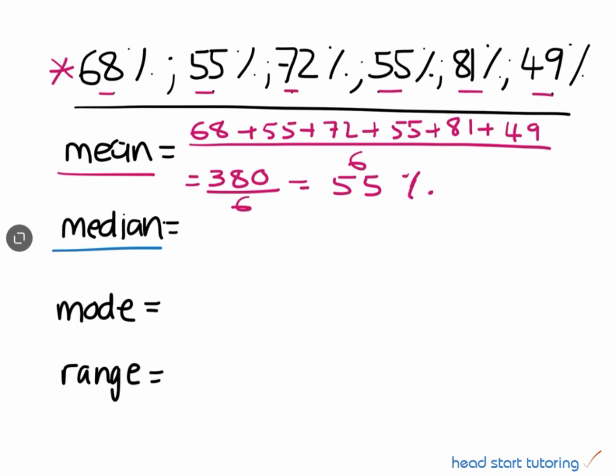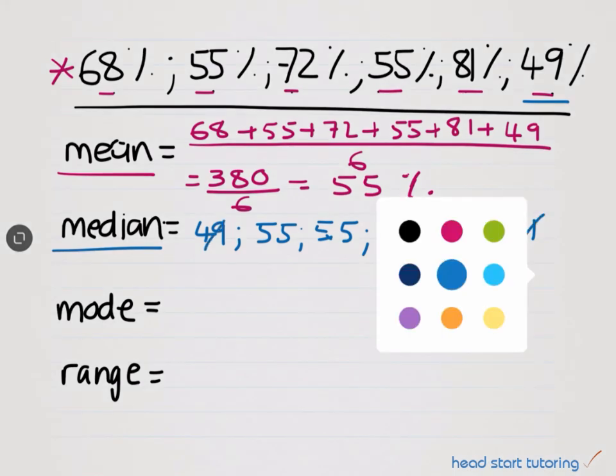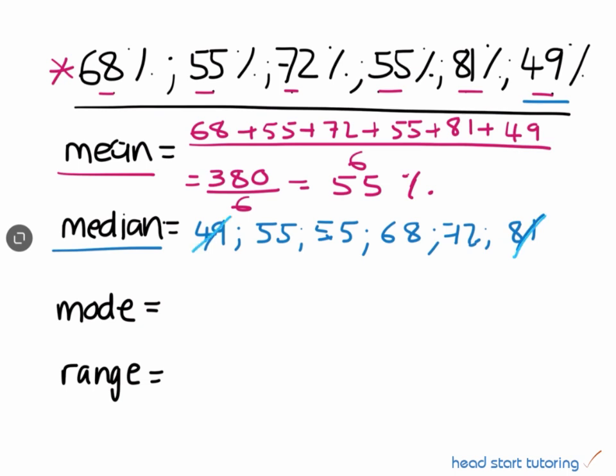We now have a look at the median of this group of numbers, and what we first need to do is arrange these numbers in ascending order. So 49 is our lowest percentage, so we've got 49, then 55, 55, 68%, 72%, and 81%. Remember that the median is the middlemost number, so we need to cross out numbers on each side until we end up with our median.